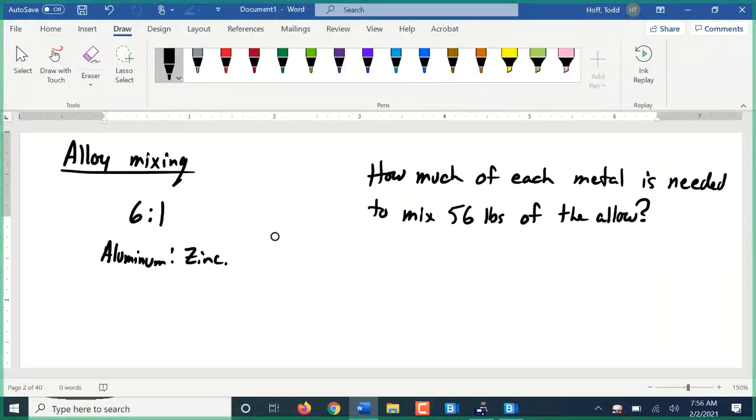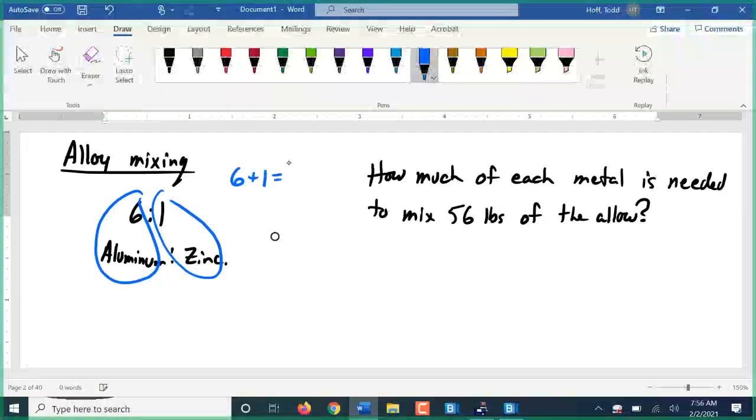One little trick that we can use, and it's useful in quite a few situations with our ratios, is to get a total. There's 6 parts of aluminum and 1 part of zinc. 6 plus 1 is 7 total parts. Once we get that total, we split our ratio up into a ratio of one substance out of the total and a ratio of the other substance out of the total.